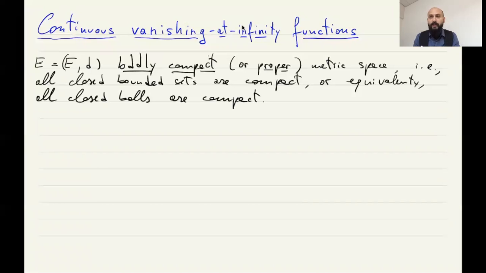Meaning, given a point x and a radius r, all those points whose distance from the point x is less or equal than r. Okay, so what do we do now?